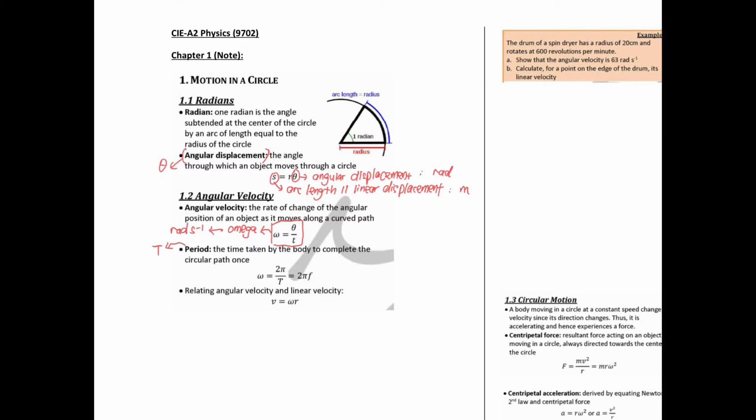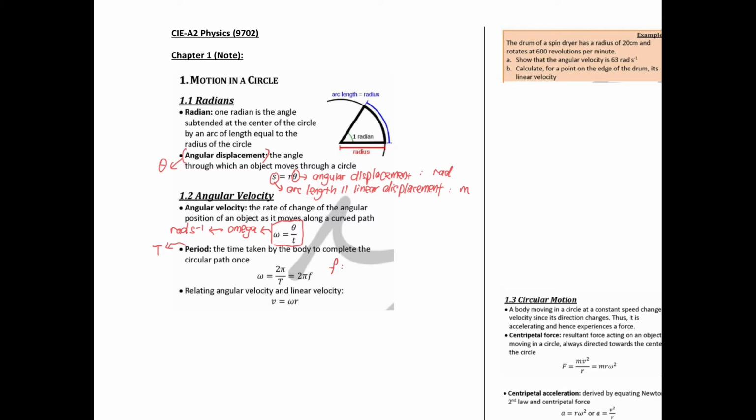So, of course, we have to know also what is meant by frequency over here. So, T is time for one complete oscillation, one complete round. And then frequency, maybe if you want to explain frequency, it is a bit hard sometimes.